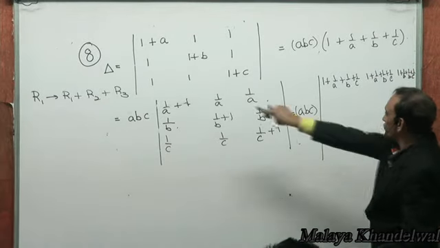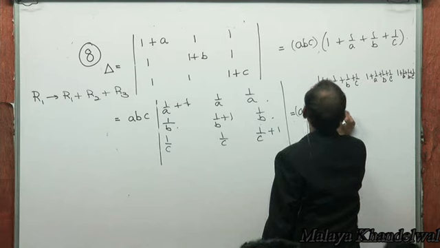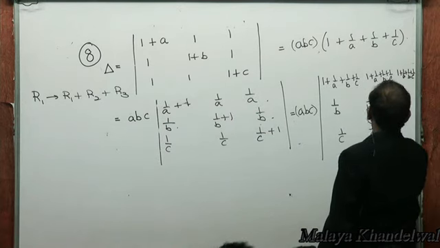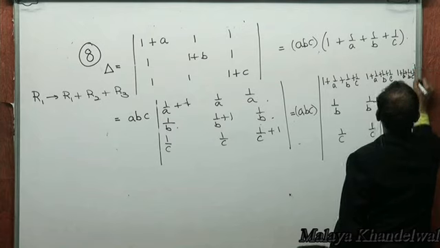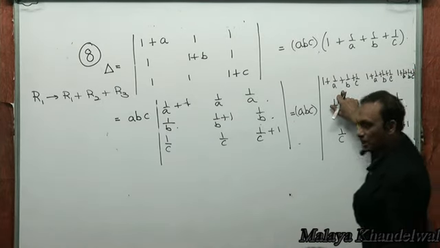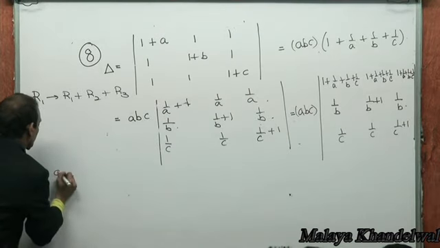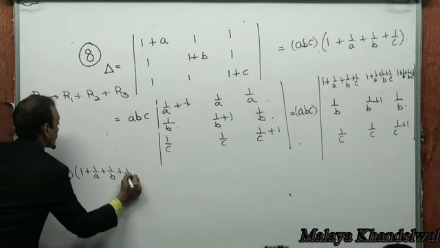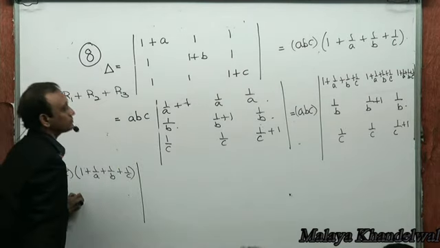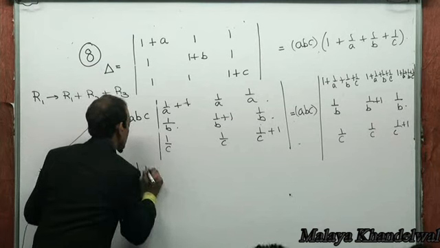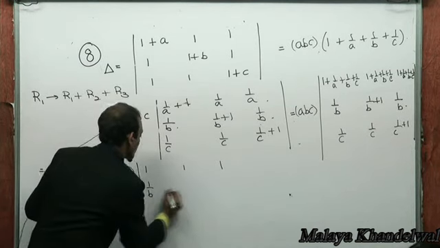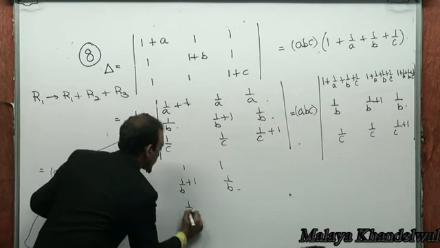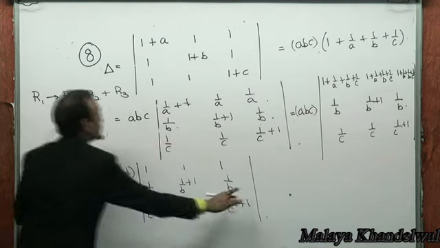That's the first row after doing that operation. And then 1 by B plus 1, 1 by B. And obviously, this helps me take this entity out. This is what we do.